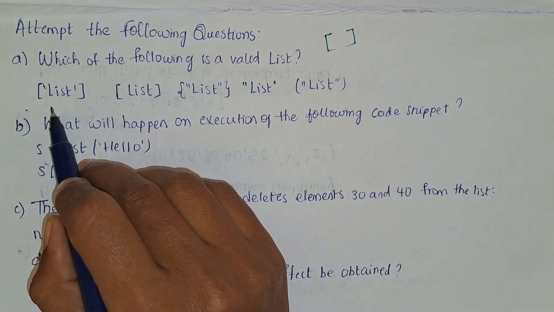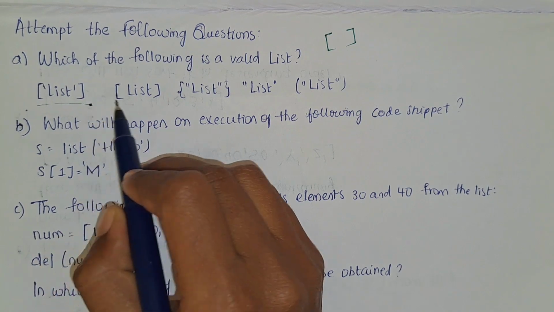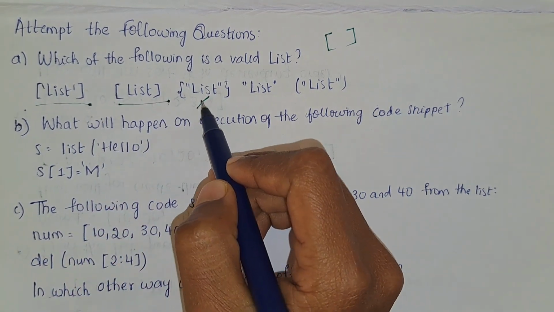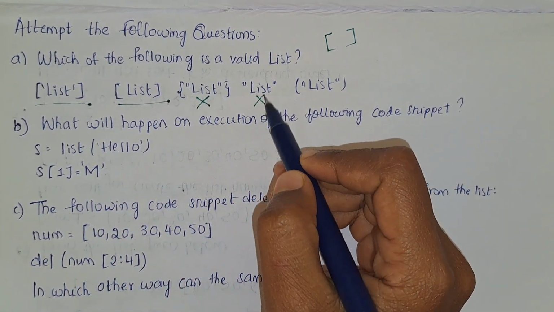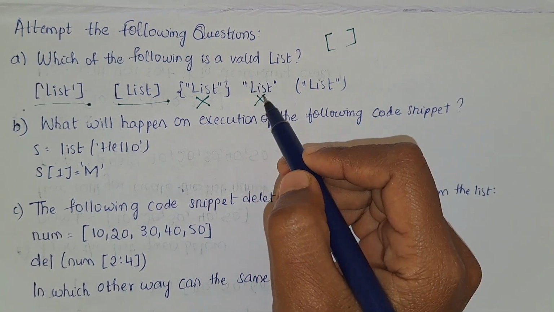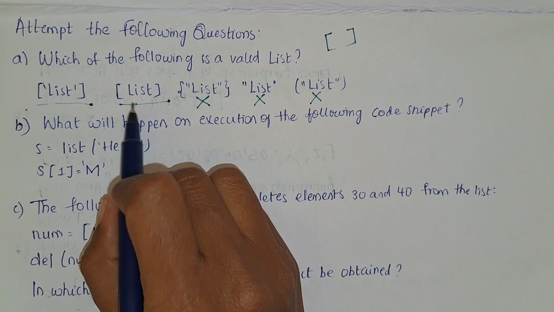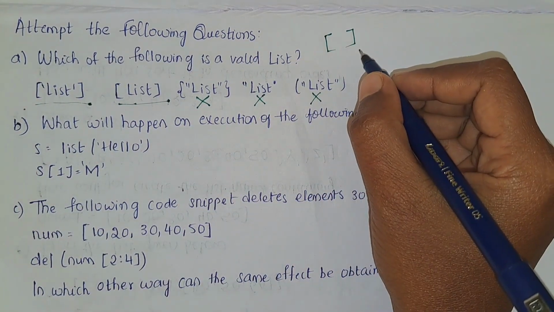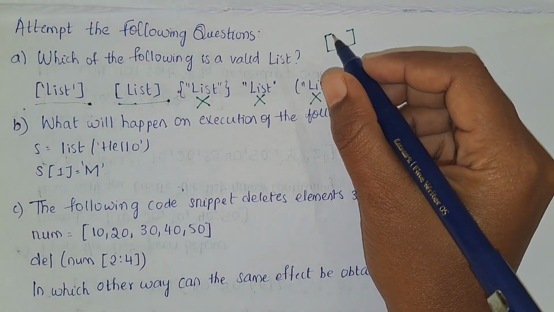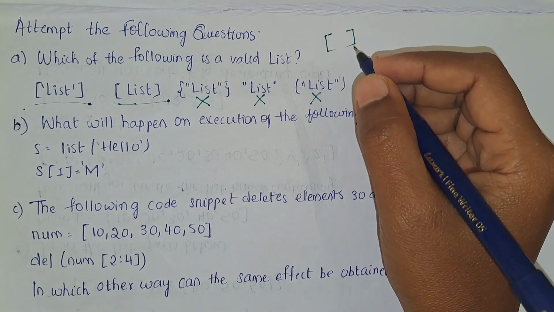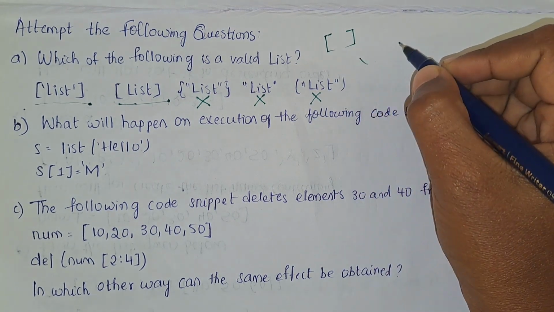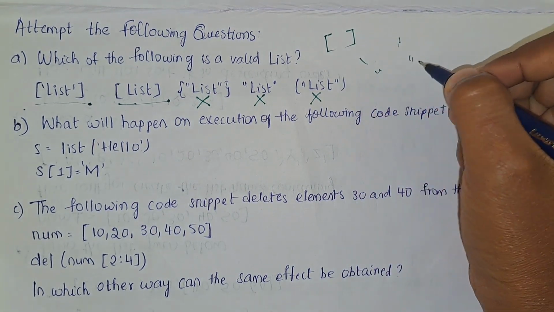Here you can observe this one is with square brackets, but this one is not, so this is wrong, and this is wrong because this is a string, and this is a tuple, as we know. In this one, every item is stored in square brackets. If you come to a string, you use it with single quotes or double quotes.